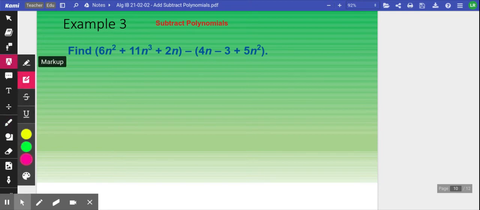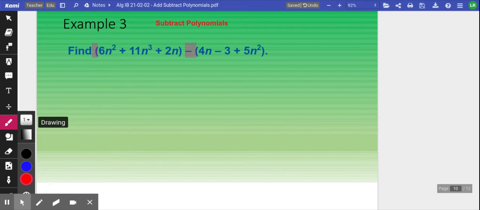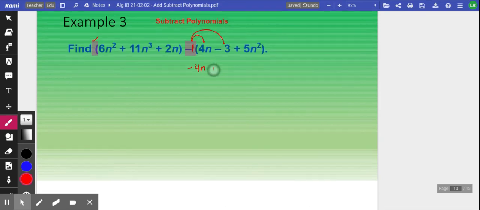Again, we check the front of the parentheses first. +1, it's done. We have a -1, so I have to distribute. -1 times 4n is -4n. -1 times -3 is +3. Negative 1 times 5n squared is negative 5n squared.